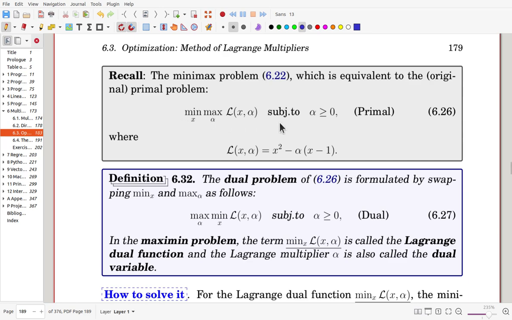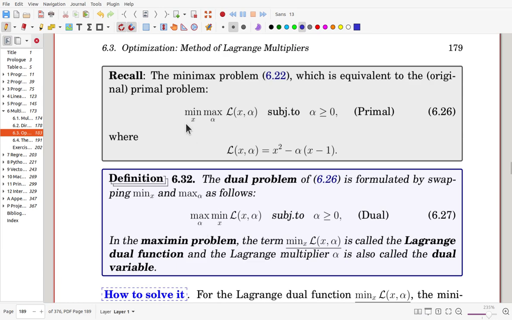So we write down here: now the constraint is that the Lagrange multiplier is non-negative. So we can say this is the primal problem, and the Lagrangian is defined in this way. Here we'll define the dual problem of that primal problem by swapping the minimization and maximization operations.